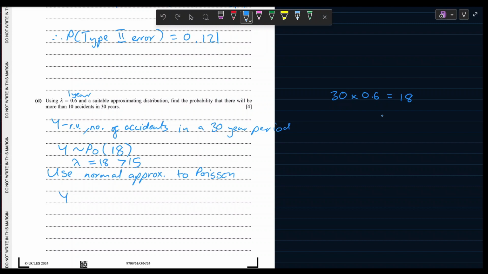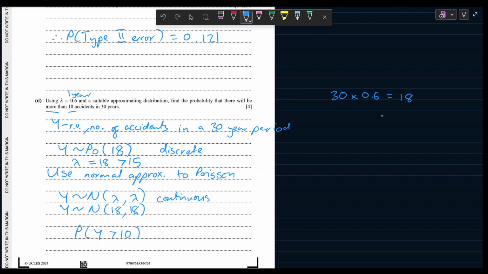Normal approximation to the Poisson distribution. So we can say that y follows a normal distribution with our mean being lambda and our variance being lambda. So y follows a normal distribution with mean 18 and variance 18. And we want to find the probability that y is greater than 10. But remember that this question was defined under discrete conditions, and we have moved to a continuous distribution.